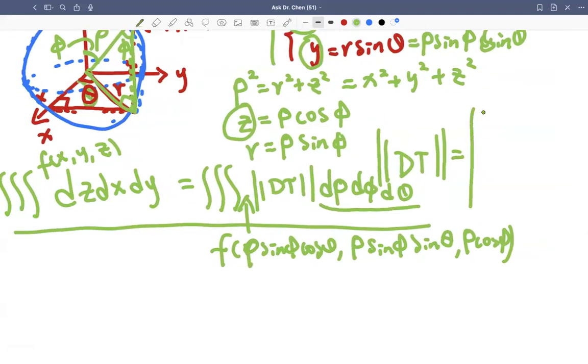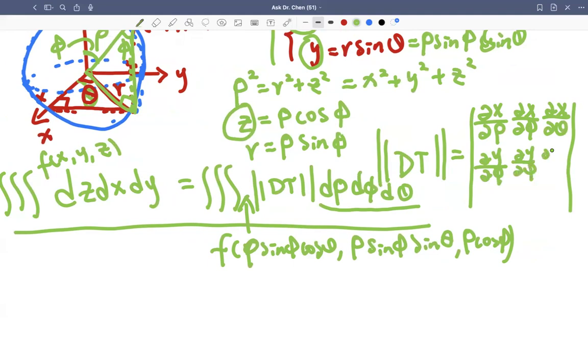If we do the calculation, that's the determinant of partial x partial rho, partial x partial phi, partial x partial theta, then partial y partial rho, partial y partial phi, partial y partial theta, then partial z partial rho, partial z partial phi, partial z partial theta.